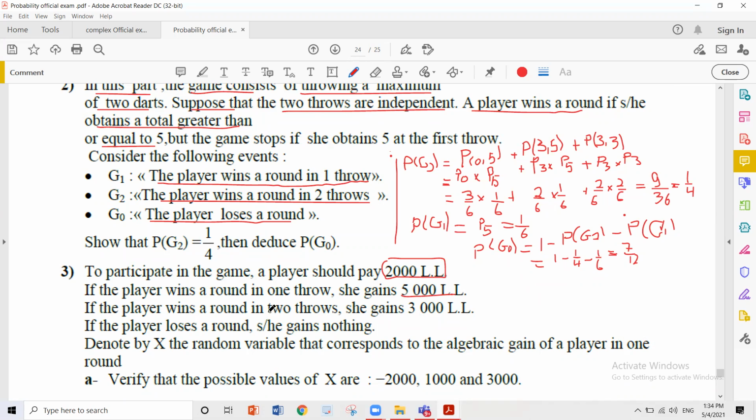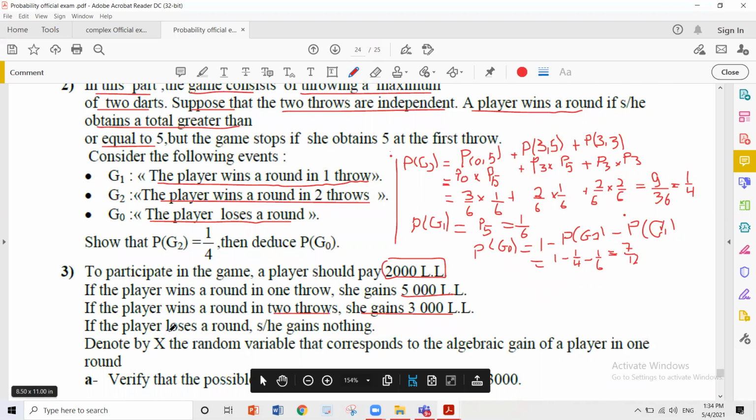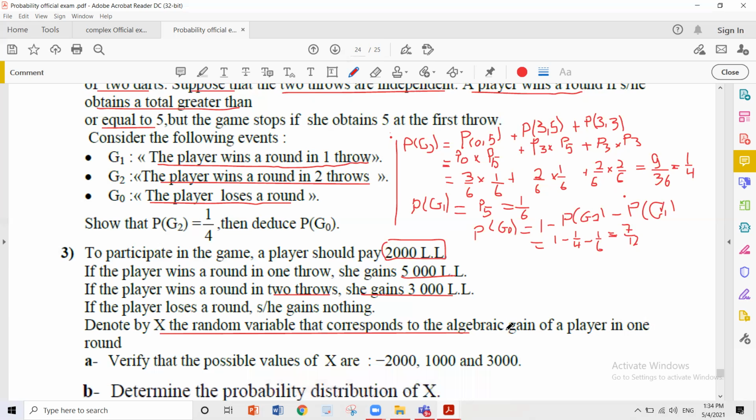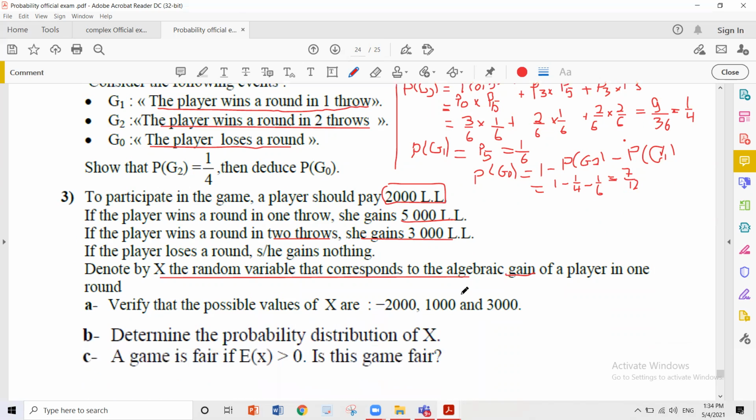If the player wins the round in 2 throws, he gains 3,000. If the player loses the round, he or she gains nothing. Denote by X a random variable that corresponds to the algebraic gain of the player in one round.